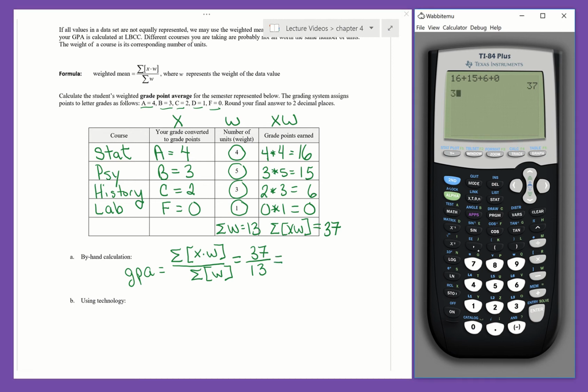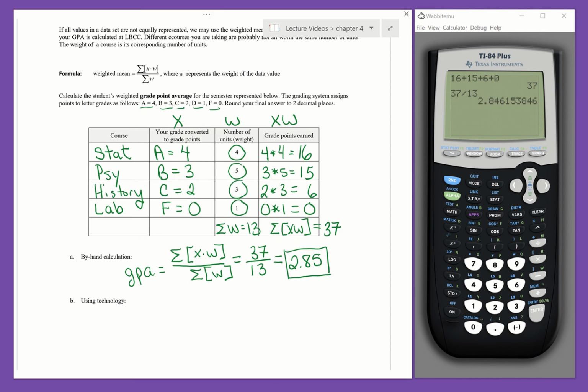So we have 37 divided by 13. And we end up with a 2.8, and we're going to do 2 decimal places, so 2.8. The second decimal is a 4, but next to it is a 6, so the 4 rounds up to a 5, and we now know the student's GPA. So that's the by hand calculation.